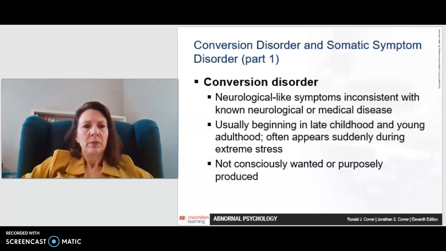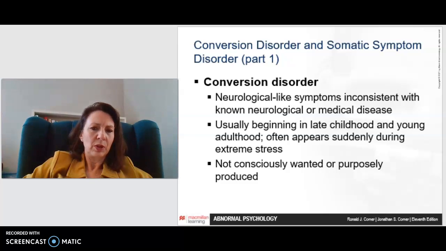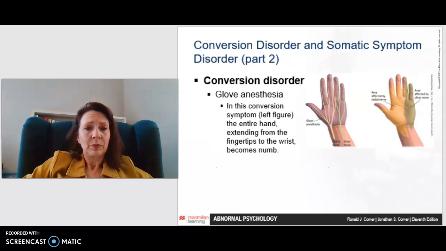Conversion disorder is when there are neurological-like symptoms that are inconsistent with any known neurological or medical disease, and this usually begins in late childhood and young adulthood and may appear suddenly during extreme stress. It's not consciously wanted or purposefully produced. One example is glove anesthesia.